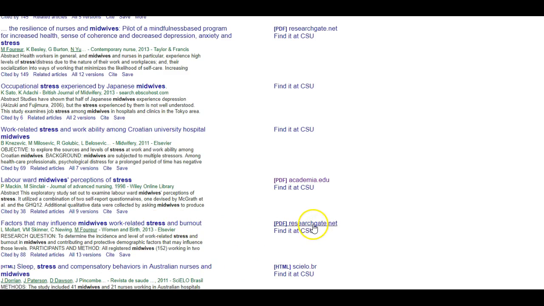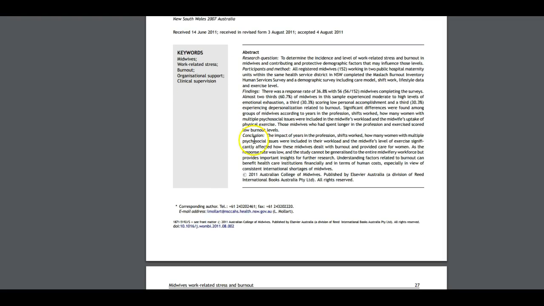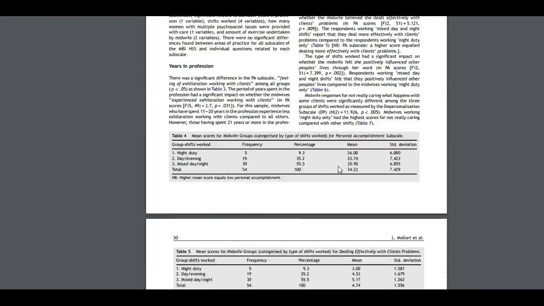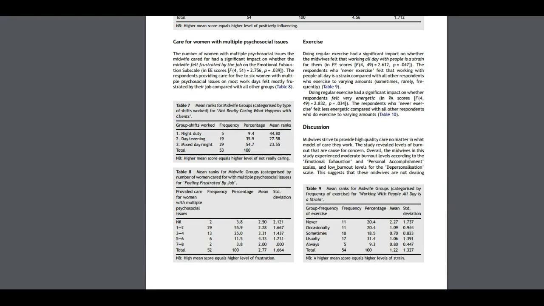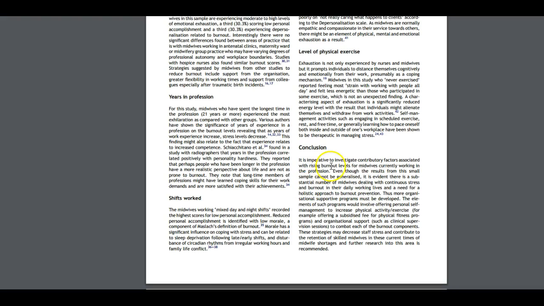Similarly down here, there's a nice paper here on factors that may influence work-related stress and burnout. So what do they say? They talk about, let's just pop down to the discussion. Let's have a look here.